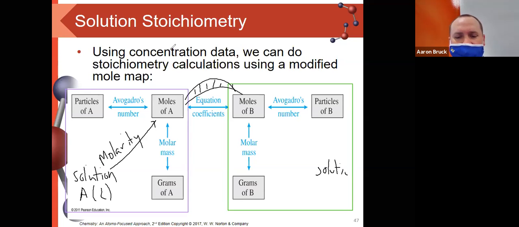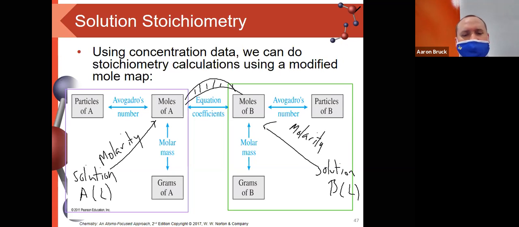I have a solution of B in liters, and using molarity, I can connect the liters and the moles. How do I do that?